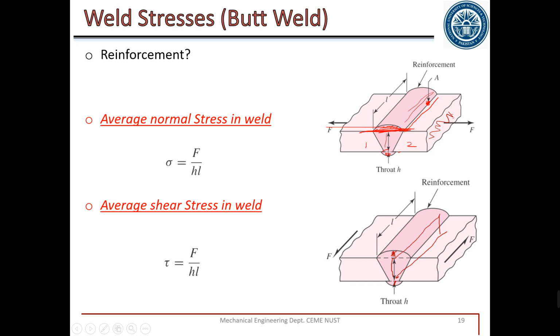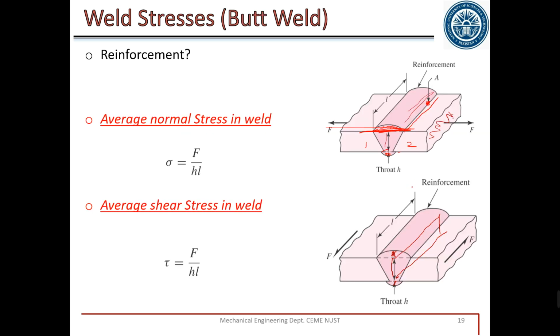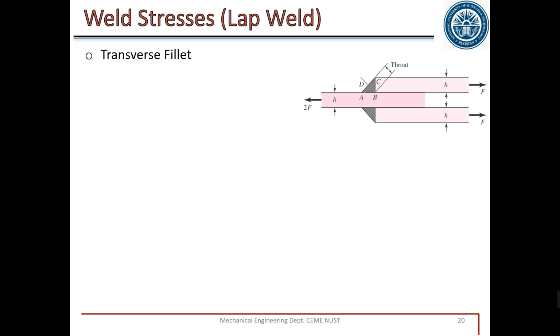Now we have a very simple equation to calculate stresses, but what else do we need to calculate? For example, for butt weld it was very easy, but in case of lap weld, we weld a fillet, and for the fillet, if it is a 45-degree angle, this is the shortest possible cross section area of the weld.